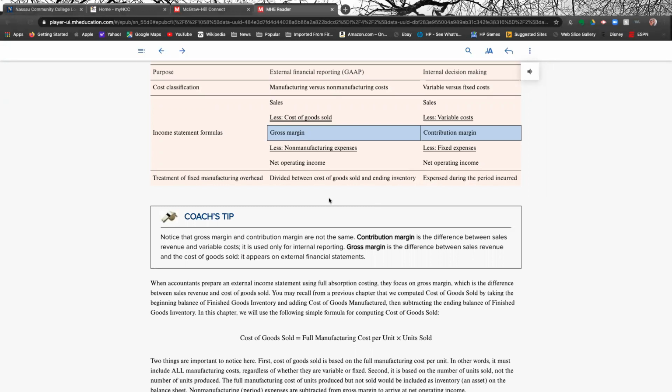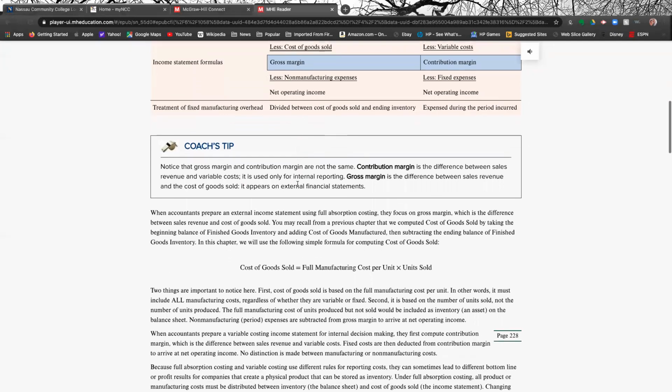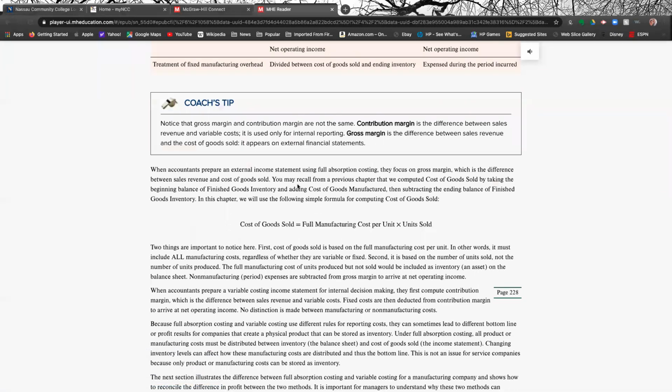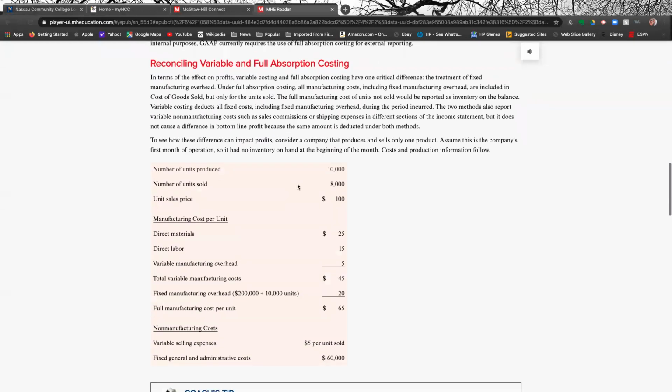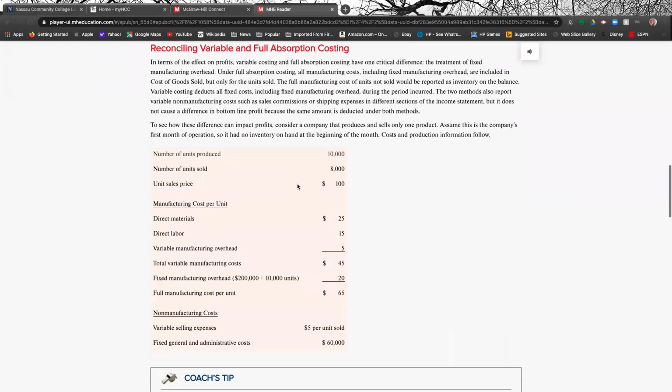The difference has to do with the full absorption statement, including both variable and fixed cost in these non-manufacturing expenses. Right, and here they take you through an example of that. We'll see it in the homework.